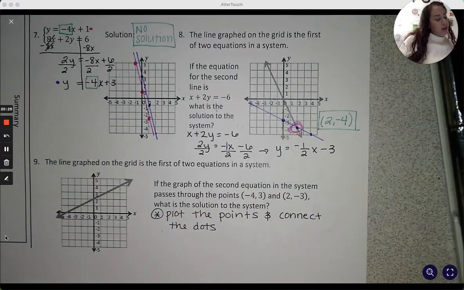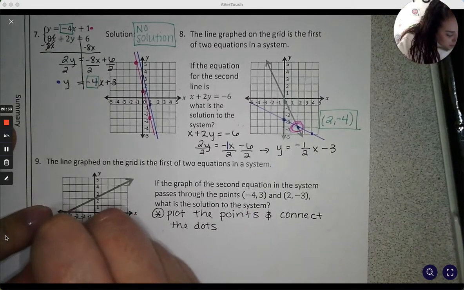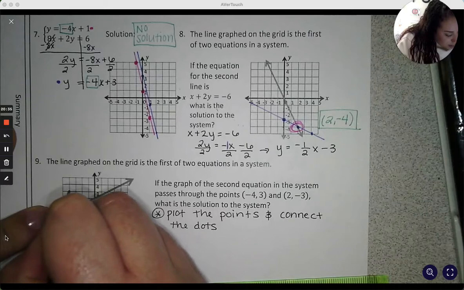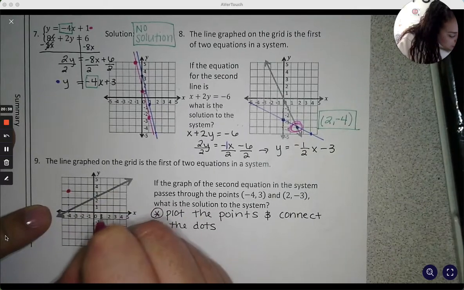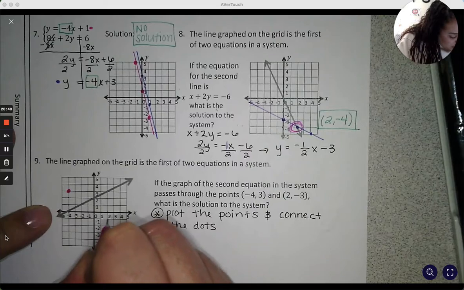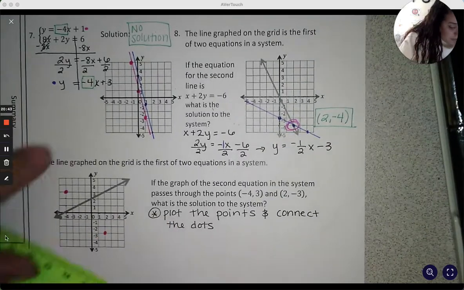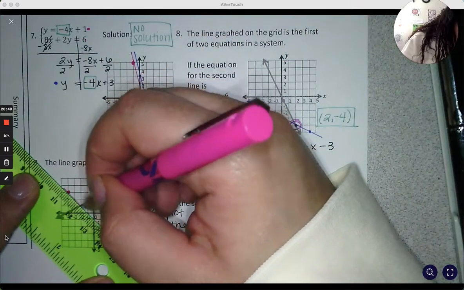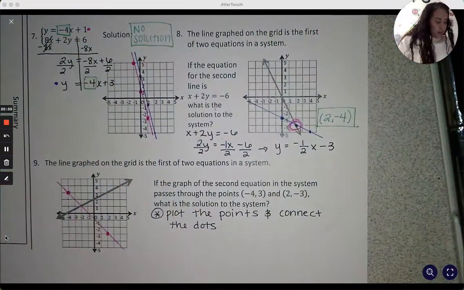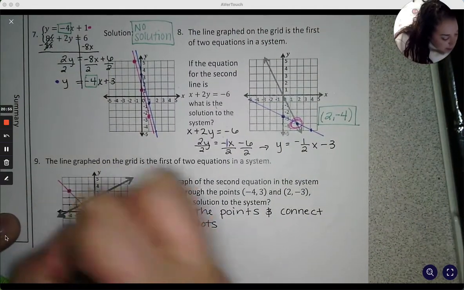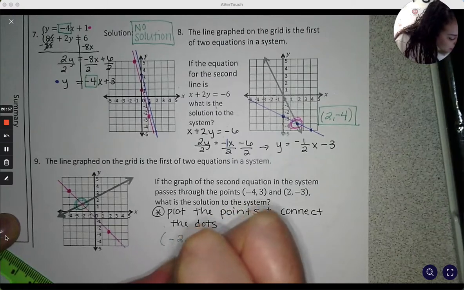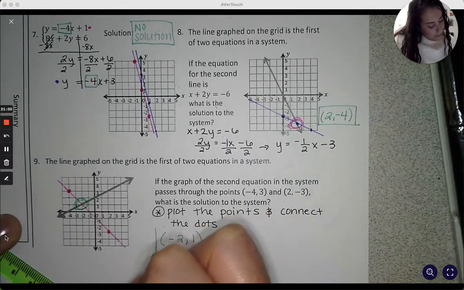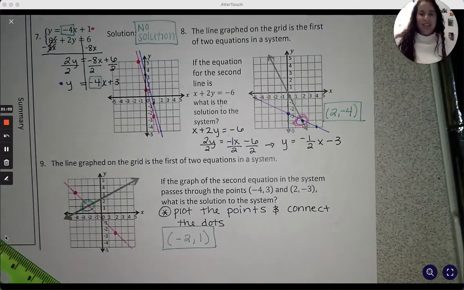So if I plot these points, -4, 3 and 2, -3, wherever they cross is my solution. So -2, 1. Okay, let me know if you have any questions.